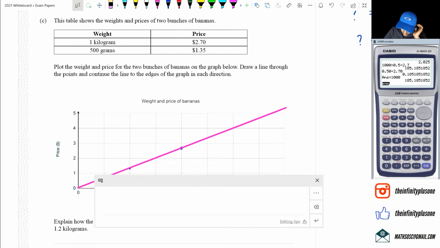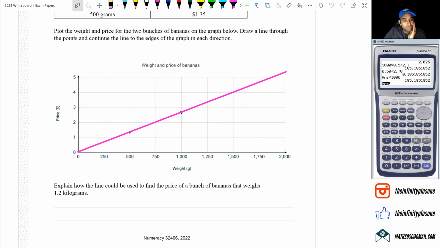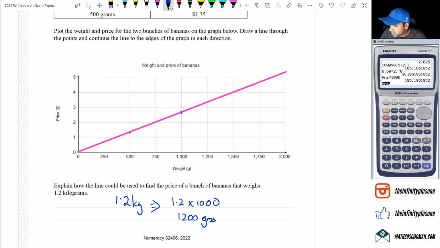So what have we got? Explain how this line could be used to find a price for 1.2 kilograms. Now 1.2 kilograms, first off, is 1.2 times 1,000, which is 1,200 grams. You actually have to explain it.